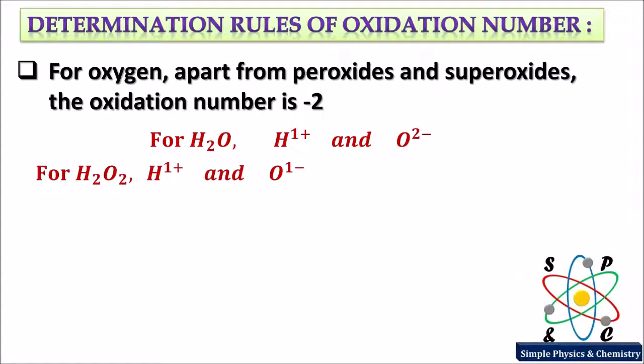Now for the exceptions: in hydrogen peroxide, H2O2, hydrogen is +1, but if you neutralize the whole molecule, oxygen will be -1. Similarly in F2O, fluorine will always have -1, because its electronegativity is very high, and thus oxygen will be +2 here.